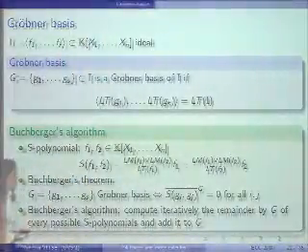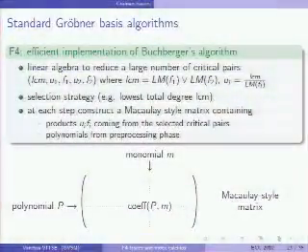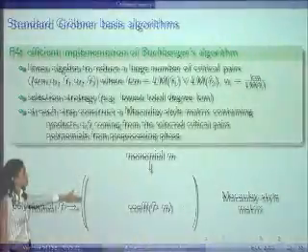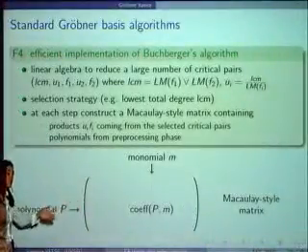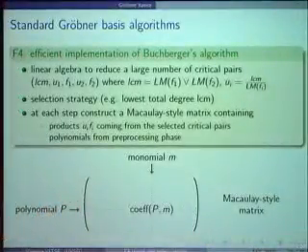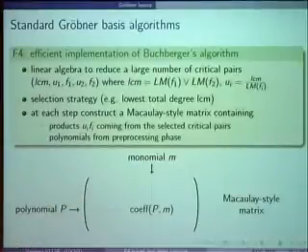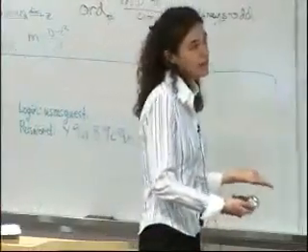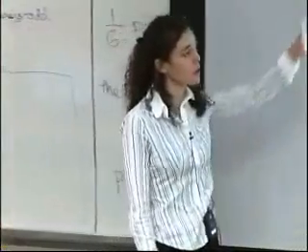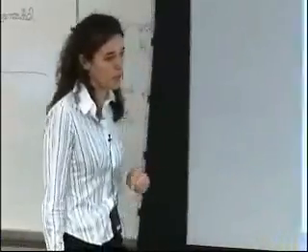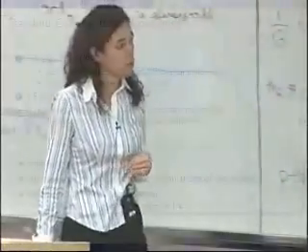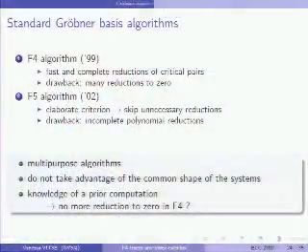You also put the polynomials that are useful for computing the remainder by the current basis. So you have this huge matrix. You perform a reduced row echelon form, and you get then the reduction of all your S polynomials with respect to your current basis. So this is a very efficient algorithm.